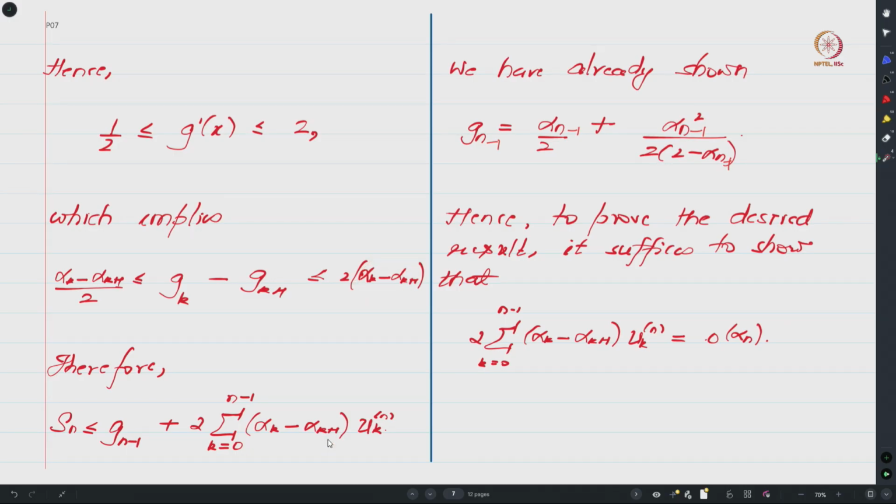So in some sense we have done a bit of algebra so that we can express Sn in terms of gn minus 1 plus some expression, and this term we have already shown to have the dominant term alpha n minus 1 over 2, and hence now it remains to show that this secondary term is also of lower order in order to conclude the final result. So let us see how to derive a bound on this expression.